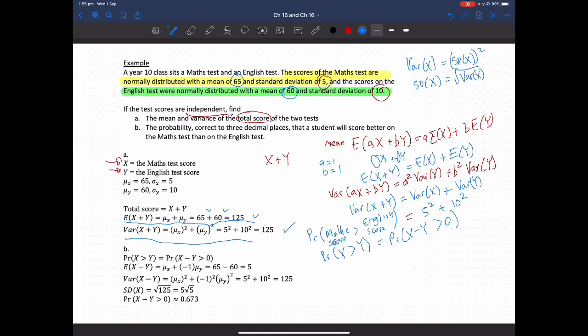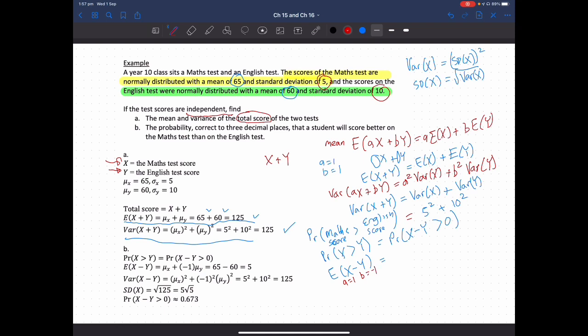So now we have something similar to what we've had before. We can say the expected value of x minus y is equal to, using our formula from above, what we have this time is a equals 1 and b equals negative 1.